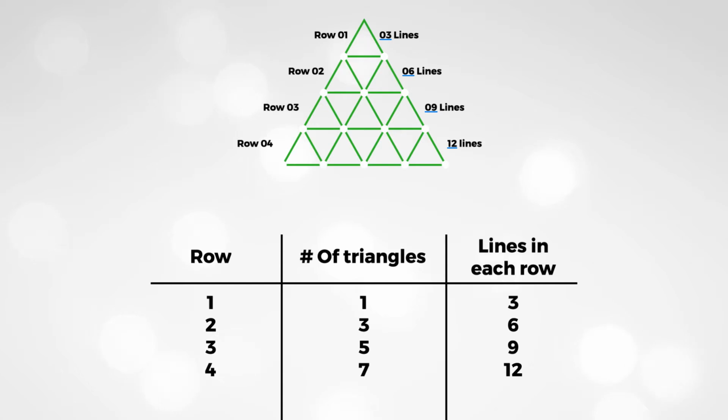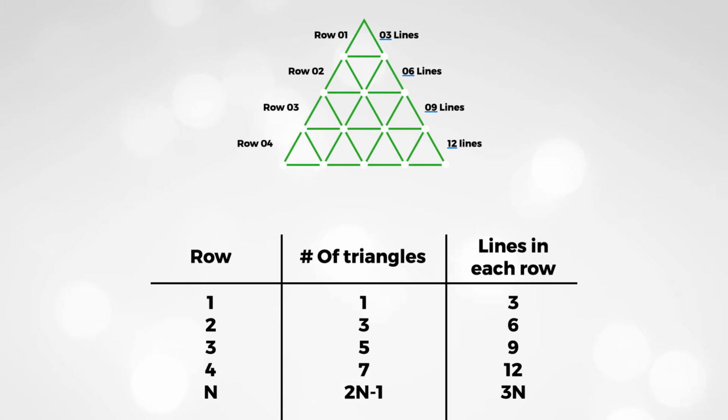So you can keep going like this, and you will see a pattern. For the nth row, there are 2n minus 1 triangles, and each row that is denoted as n will have 3n lines in that row.